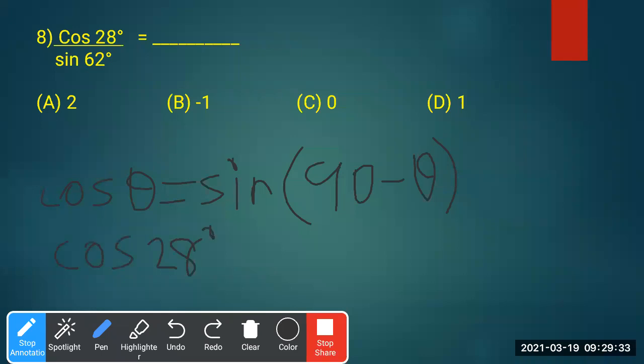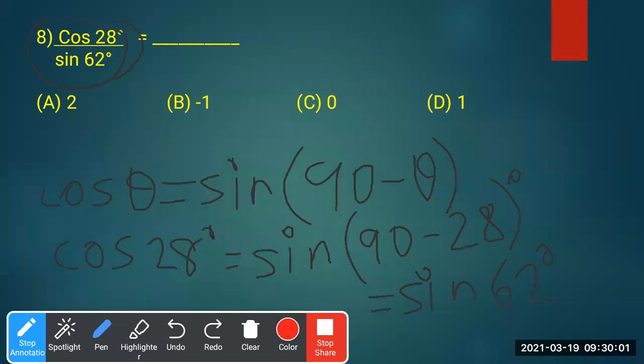Cos 28 degree is equal to sine 90 minus 28 degree. Now 90 minus 28 degree will give you sine 62 degree. So what will be the value of this ratio?